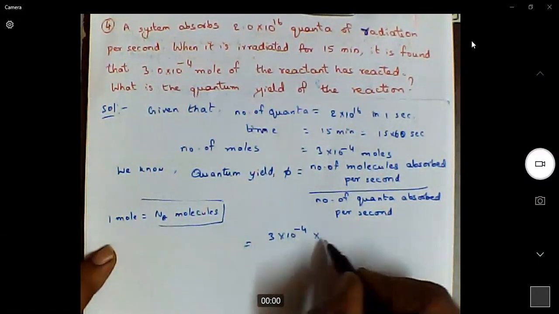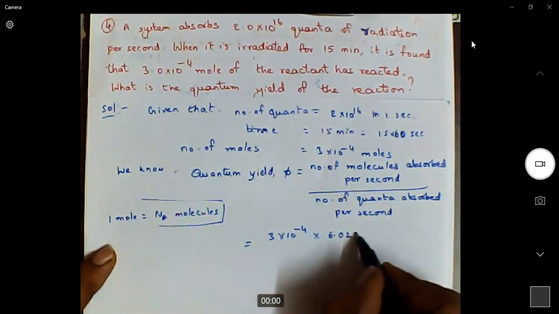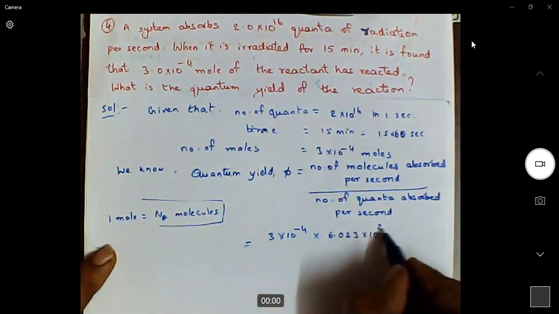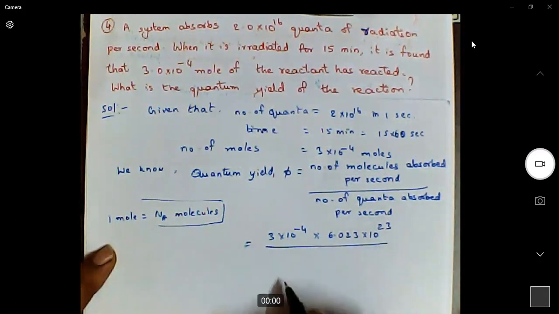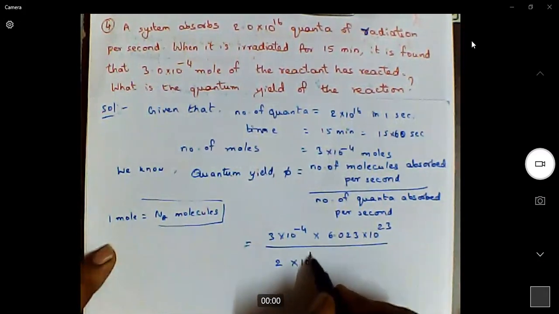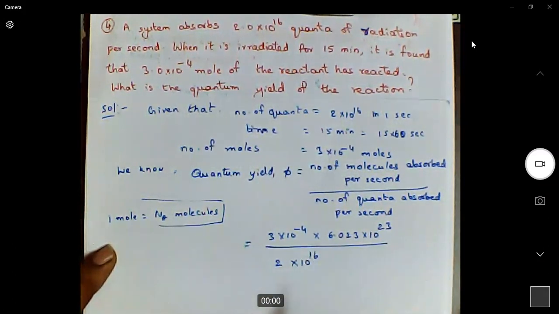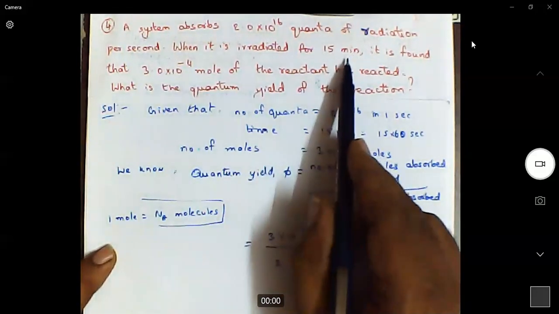So 3 into 10 power minus 4 moles contains 3 into 10 power minus 4 into Avogadro number 6.023 into 10 power 23, by number of quanta absorbed per second. It is 2 into 10 power 16. Remember, the number of moles reacted is in 15 minutes.